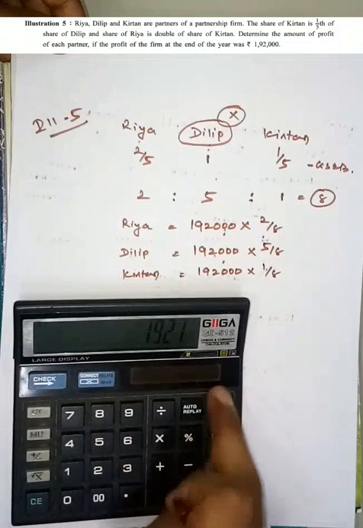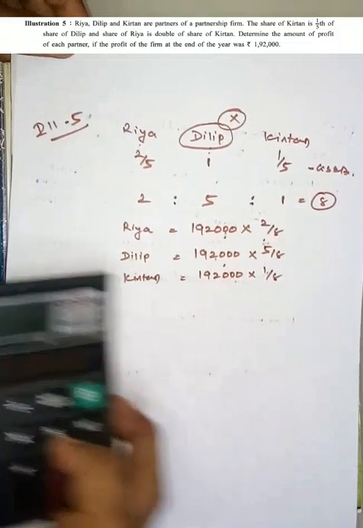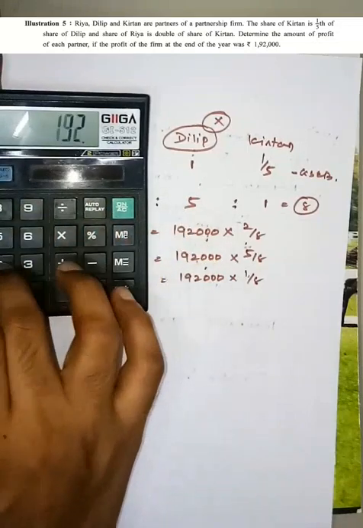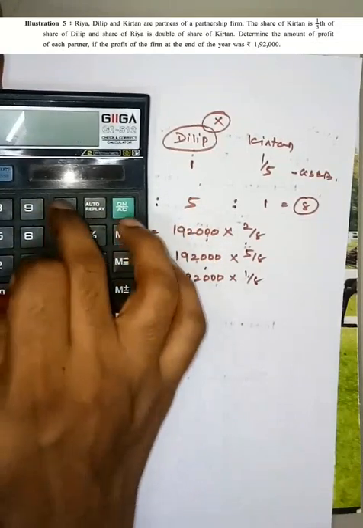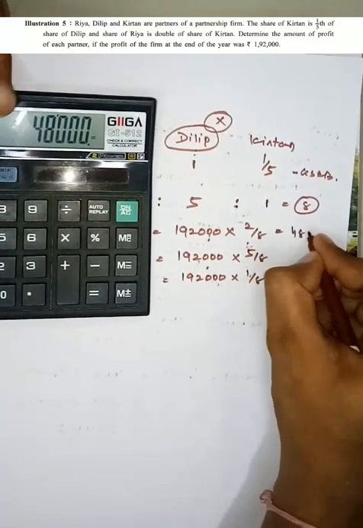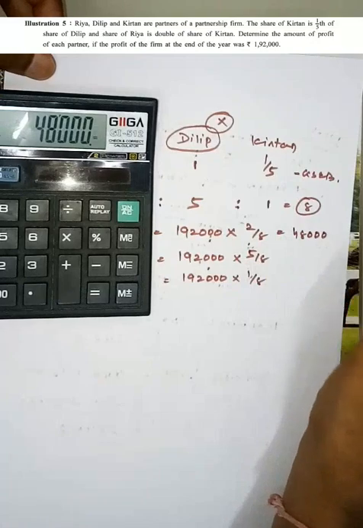So 1,92,000 multiplied by 2 divided by 8. So the first answer for Riya is 48,000 rupees.